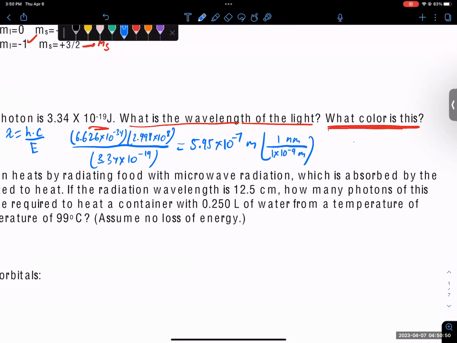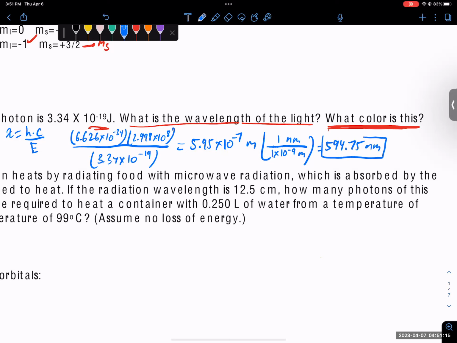So if we go ahead and divide our answer by 1 times 10 to the negative 9, we will get an answer of 594.75 nanometers.